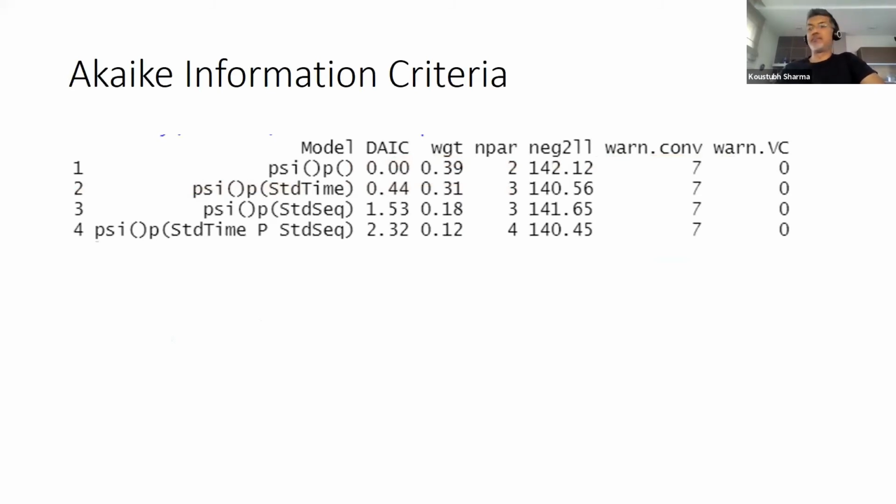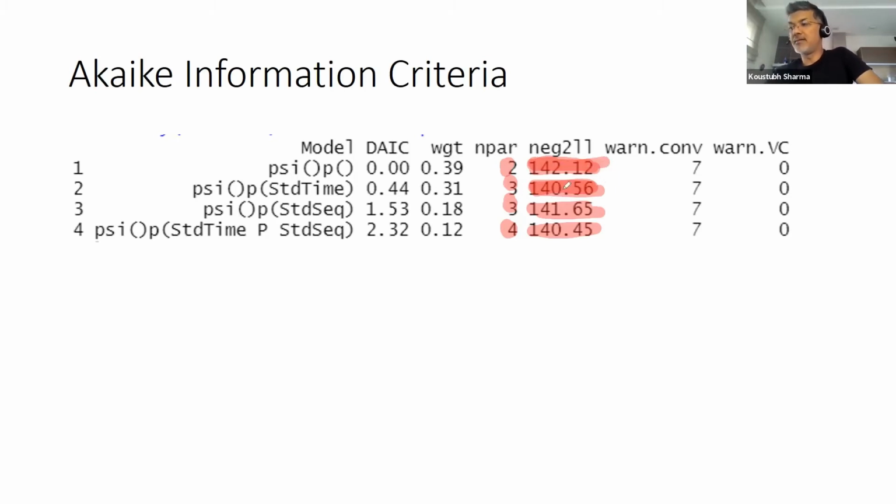What it's doing is, you look carefully, the negative likelihood is an estimate of how well a model is fitting the data, and this is the number of parameters. Now look at this carefully. The lower the negative likelihood value, the better is the fit. So this model is fitting better than this model. This model has 142 likelihood, and this model has 140 likelihood.